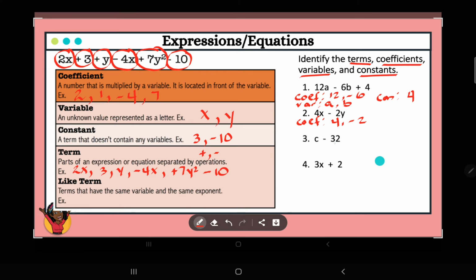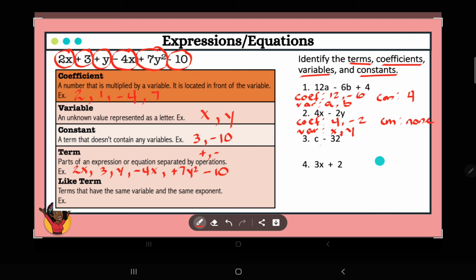Subtraction and negatives are pretty much synonymous. You read it as c minus 32, but if we look at it independently, this is a negative 32. Our variables are x and y. And in this example, we have no constant.